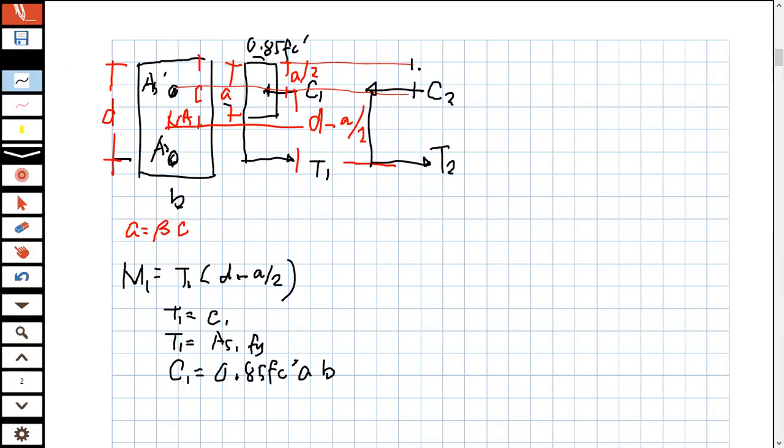We have this distance as d prime, so you have here d minus d prime.